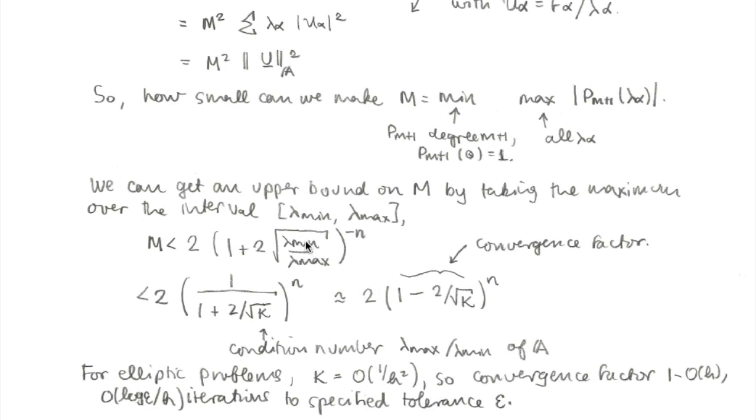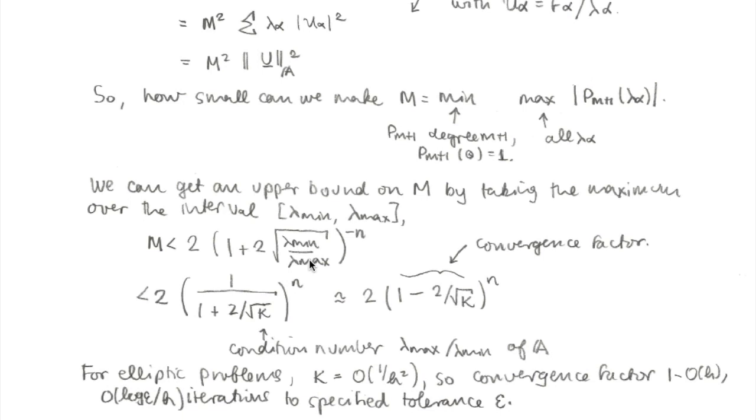We can have a minimum and a maximum eigenvalue for a large problem in which the eigenspaces associated with lambda min and lambda max have high dimension. So I'm going to have dimension 100 for one eigenvalue, dimension 100 for the other eigenvalue. So I have a size 200 problem, but I will converge in 2 iterations because I just have to pick a polynomial that is 0 at the 2 endpoints.